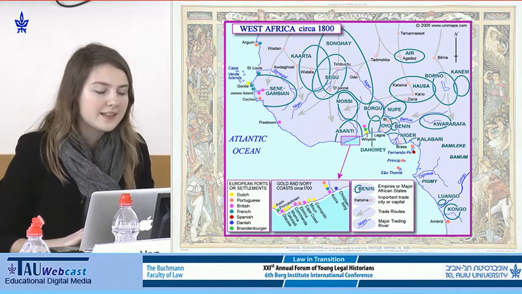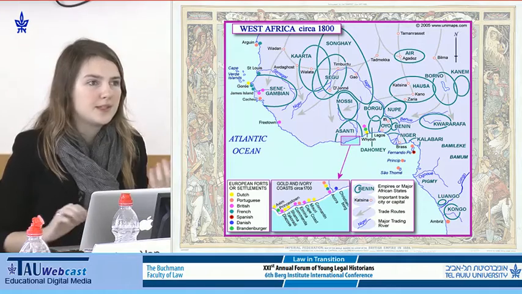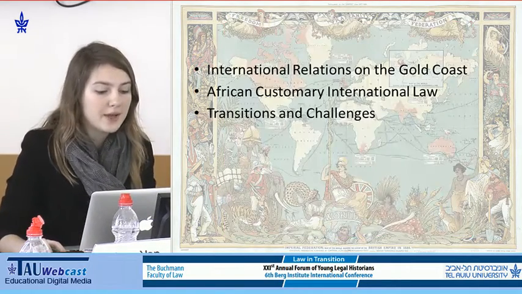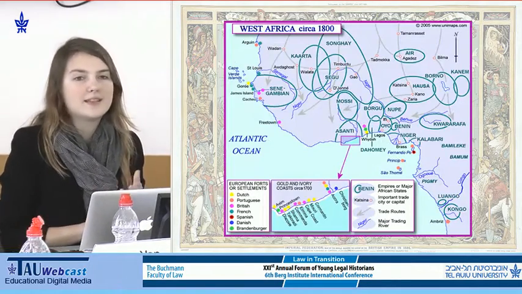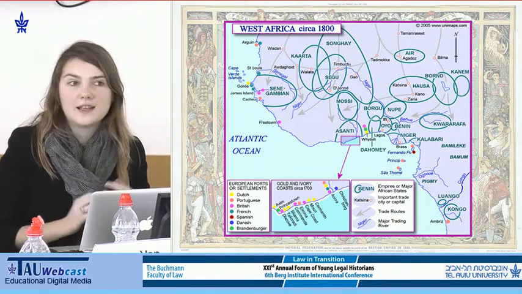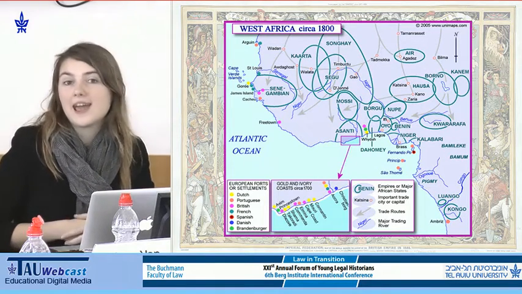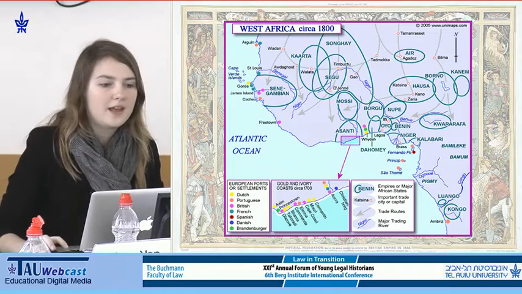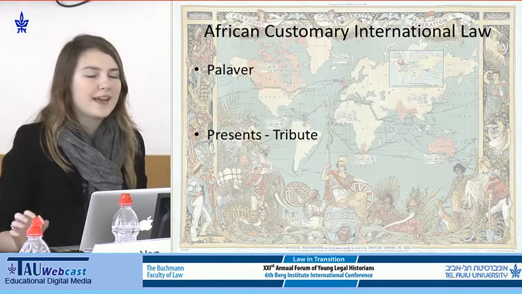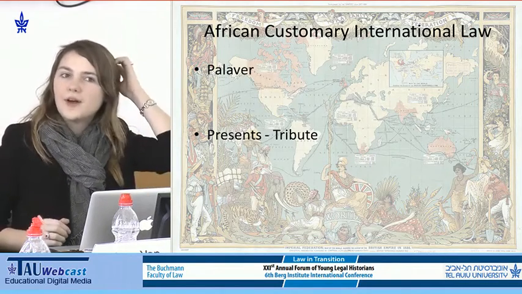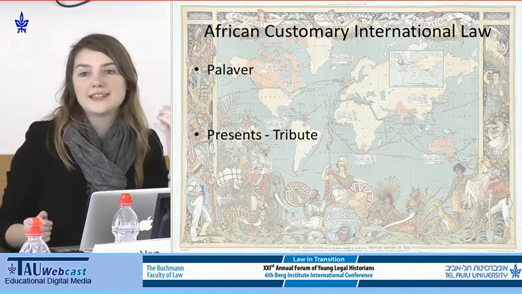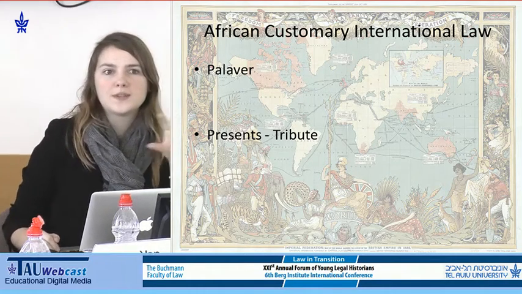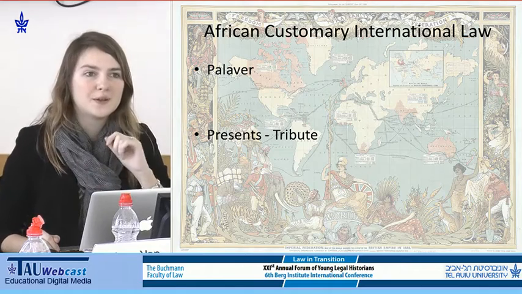Well, and in this context of limited British presence and limited governmental control, Anglo-African relations at the end of the 18th century and the beginning of the 19th century were really dominated by a system of African customary international law. Now, when I speak of African customary international law, obviously it's a Western conception, and it's always tricky to transpose this concept to a non-Western context.